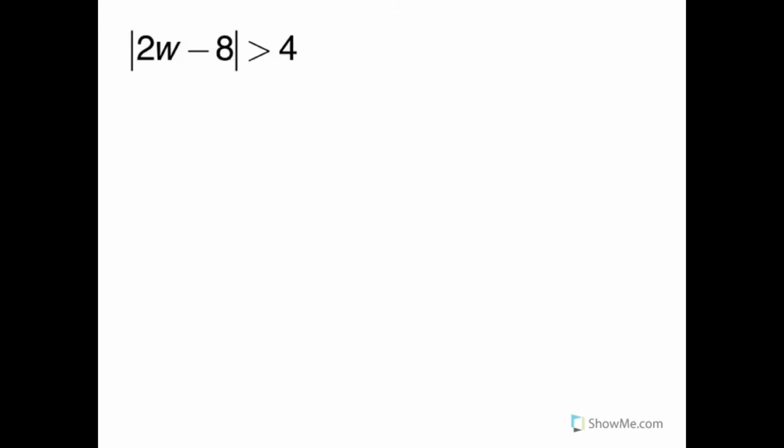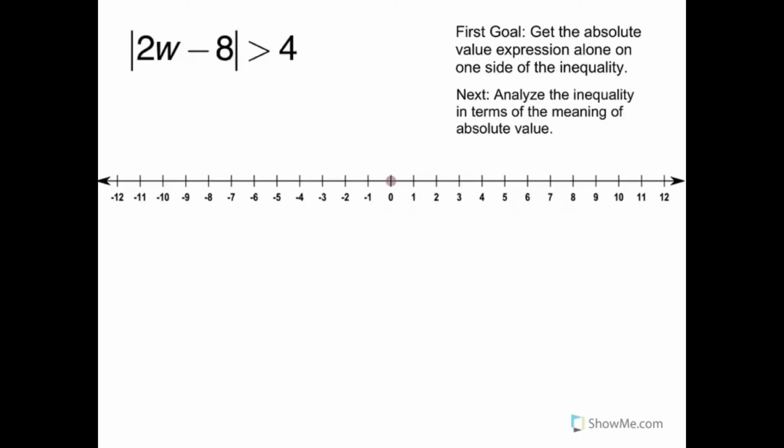The absolute value of 2w minus 8 is greater than 4. So let's analyze what this means. If the absolute value of 2w minus 8 is greater than 4, it's more than 4 units away from 0, either to the right or to the left.